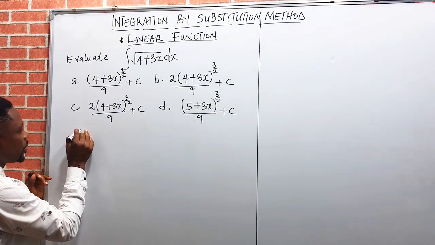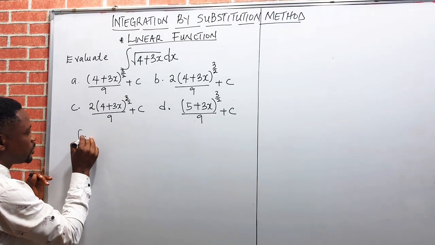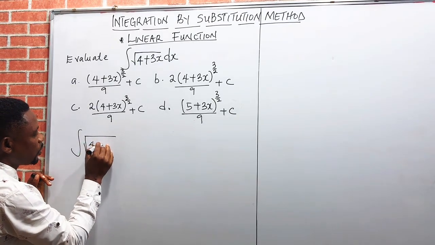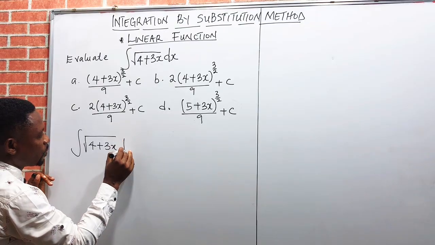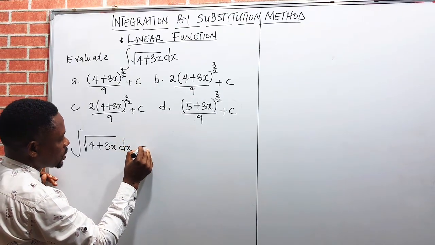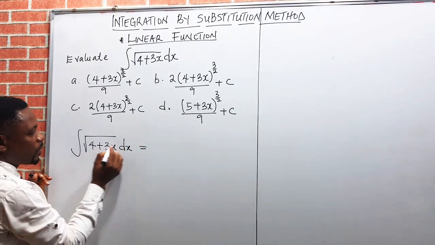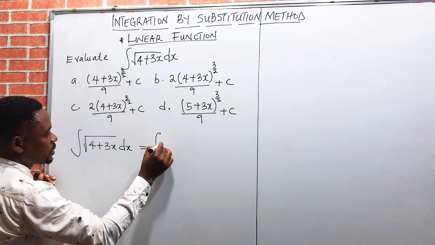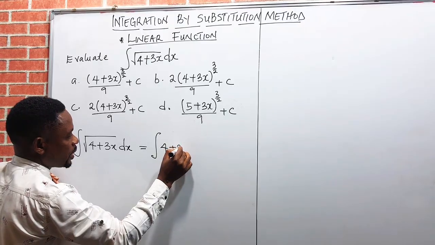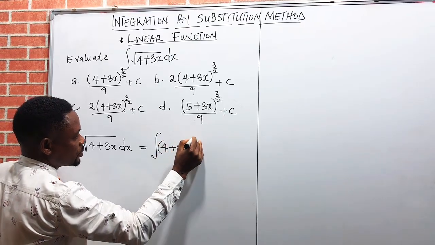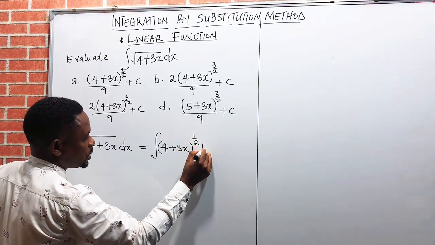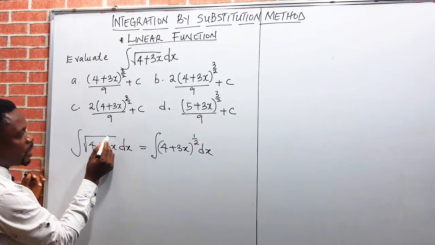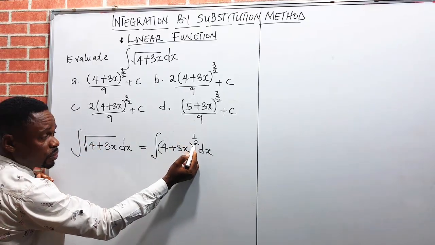The question is the integral of square root of 4 plus 3x dx, which is equal to (4 plus 3x) raised to power 1 over 2 dx. By indices, square root means power 1 over 2.